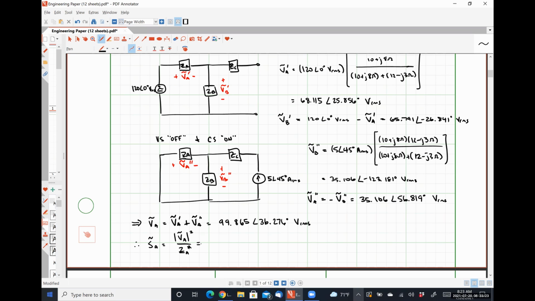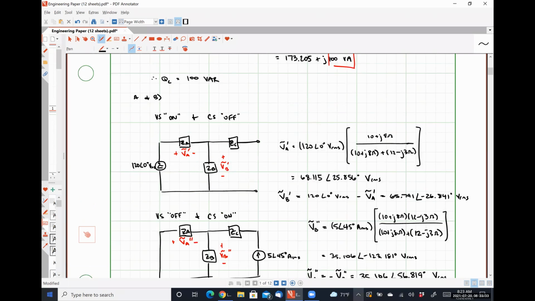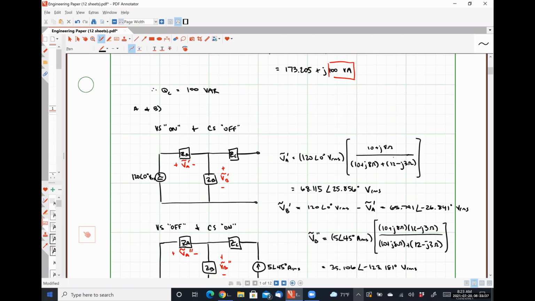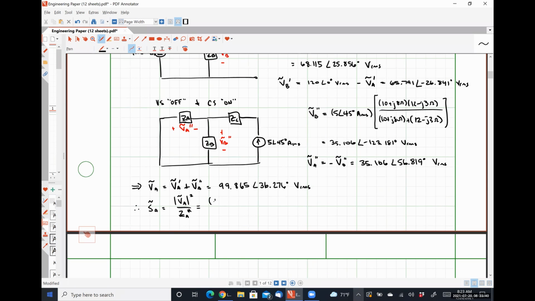So that's going to be 99.865 squared divided by 10 minus j8, which looks like 778.762 angle 38.660.